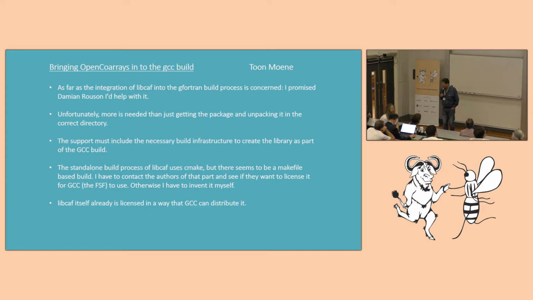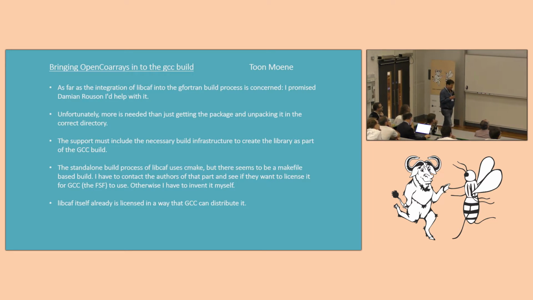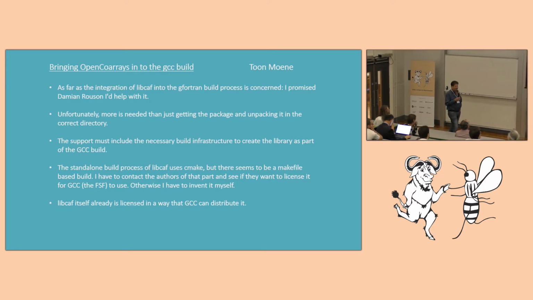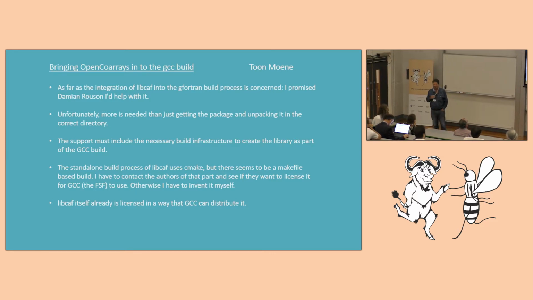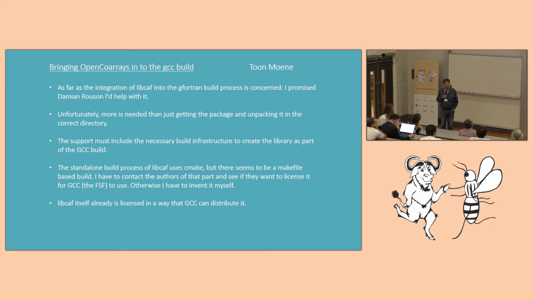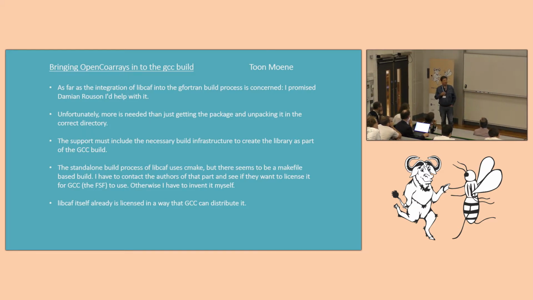Well, foolishly I said I would do that, but I've never actually looked at how it worked for GMP and MPFR. It's of course more than just picking up the library from a known internet address, a known URL. You also have to have the machinery to build the library. And there's a snag. Originally, the developers that made that library used CMake to build it.